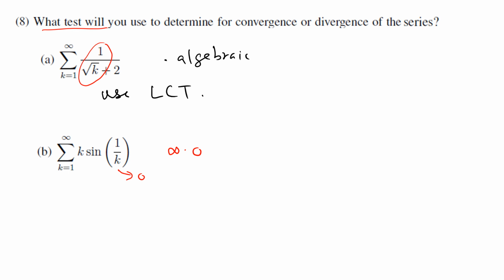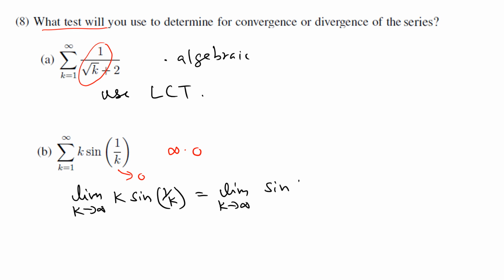So what we can do is look at the limit. Let's see what the limit looks like. So let's say our limit, k goes to infinity, k sine 1 over k. You can write this as the limit k goes to infinity of sine(1 over k) over 1 over k.